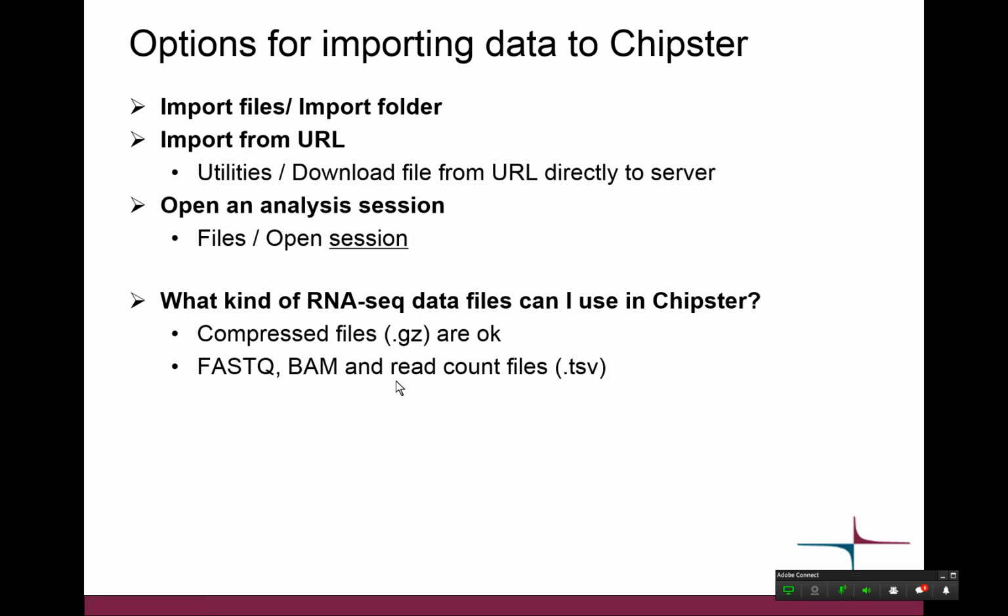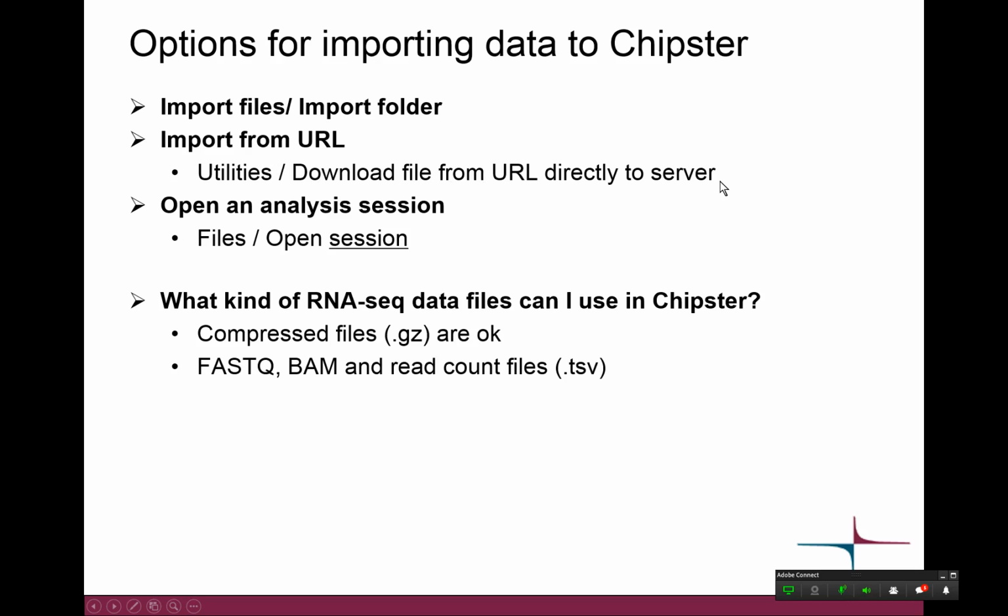Then a couple of words about how you import data to Chipster. So the data can come from your own computer. It can be individual files, or you can import a whole folder. You can also, this is especially handy with sequencing data because the files can be very big, if the sequencing core facility puts the files behind a URL on the net somewhere, then you can actually download them directly from there to the server.